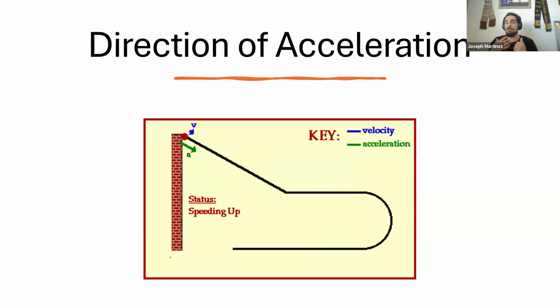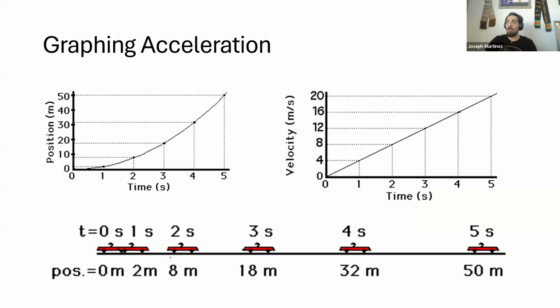But how does this appear on our familiar graphs? Well, when you have an object such as this little red car that is speeding up, how do we know it's speeding up? Well, if we were to make a ticker tape diagram, we see that in the first second, we move a shorter distance, and in the second and third second, as we go further on, the distance between markings becomes larger than it was initially.